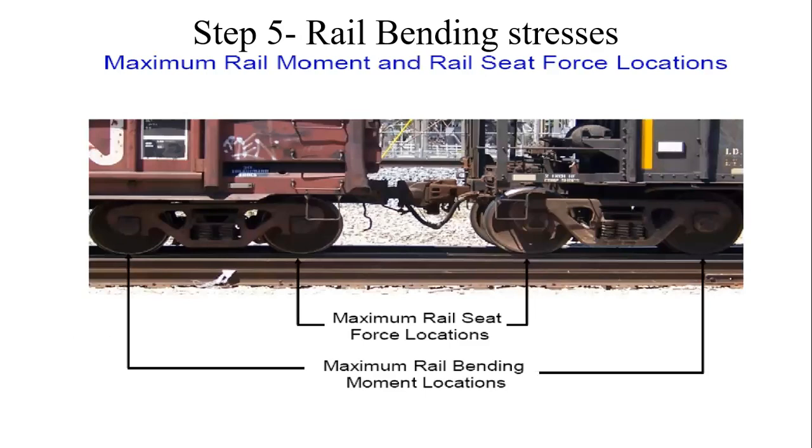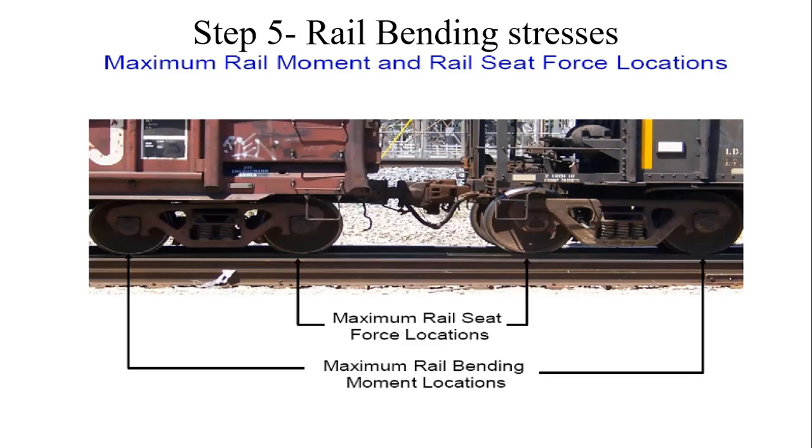Now it is understood that the maximum rail bending stress is where two vehicles of the train are joined. These are the points where we calculate the stresses, and the moment location is as shown. It is from the second axle after the connection, and you can calculate maximum bending moments.